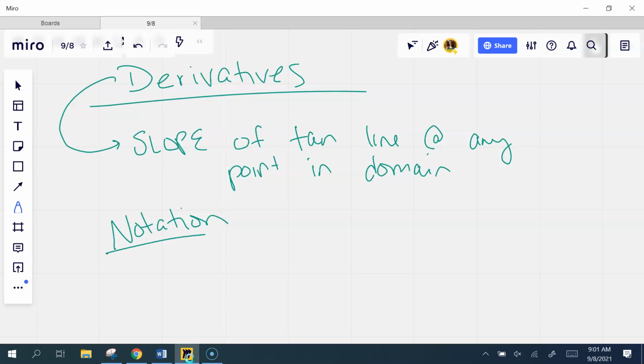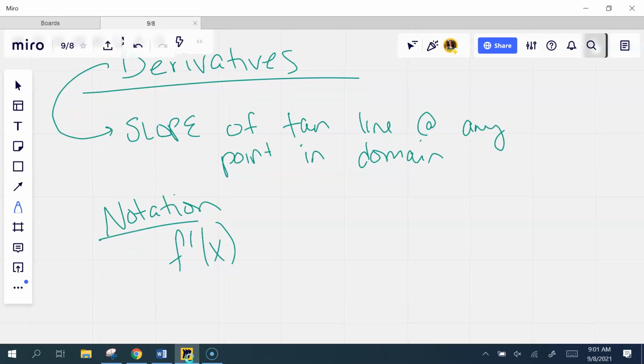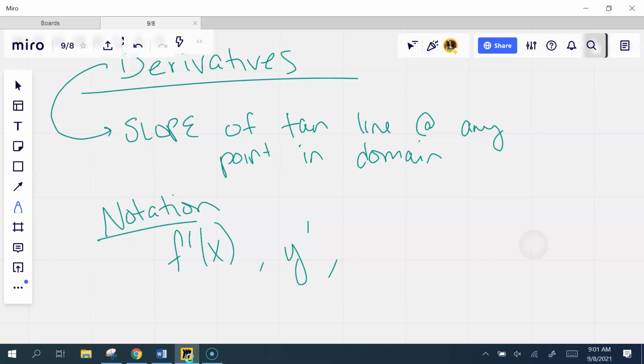Notation. Let's talk about the notation. There are tons of different ways that we can indicate the derivative of a function. f prime of x tells us that it's the derivative of f at x. We could say y prime. Or dy dx.